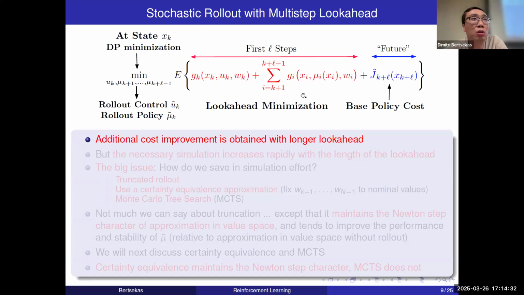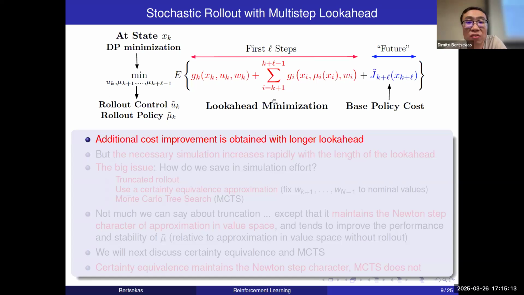Therefore, for all the subsequent states, we need to compute a policy, instead of minimizing over a control sequence as in the deterministic case. Given the current state, uk is still a control, but all the subsequent stages are policies. We minimize over policies, and that's more challenging than the deterministic case. So essentially, this minimization problem is a dynamic programming problem itself.